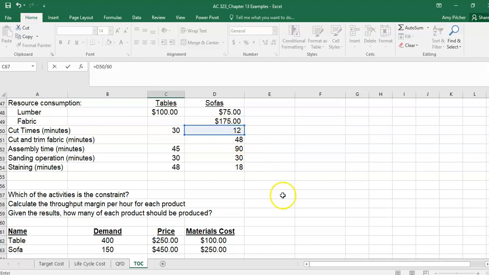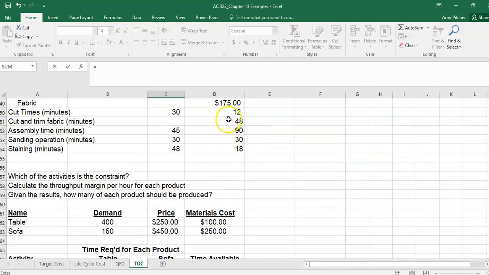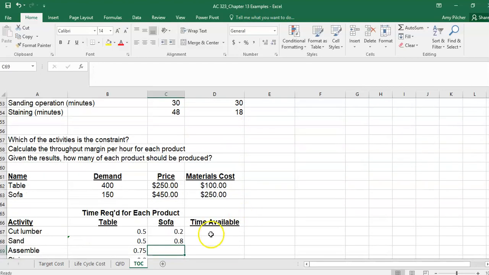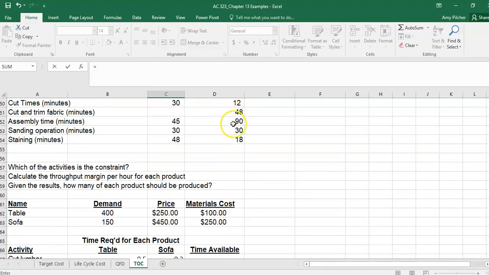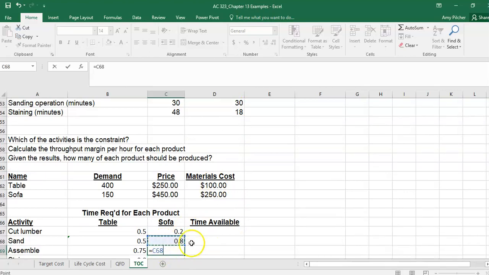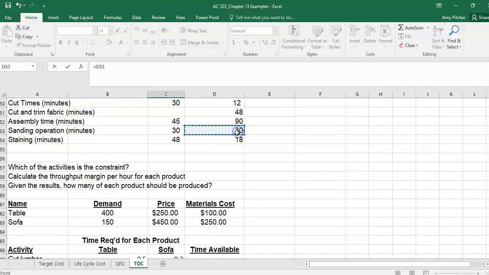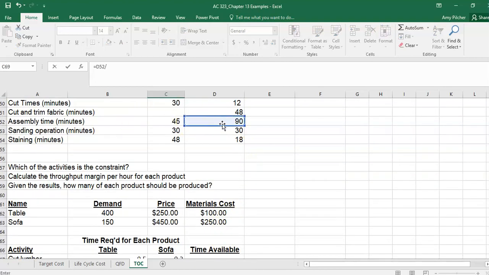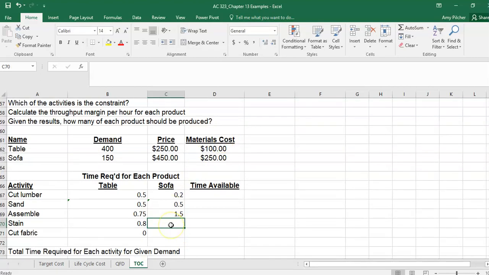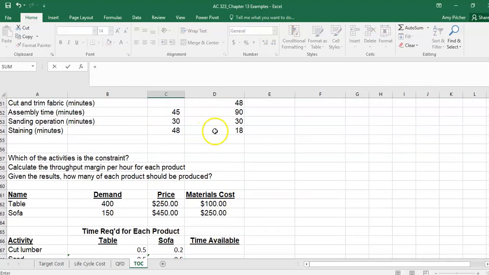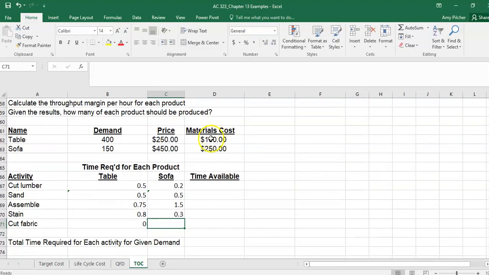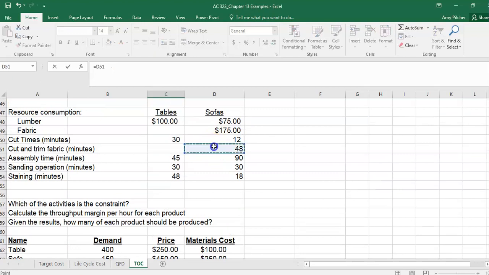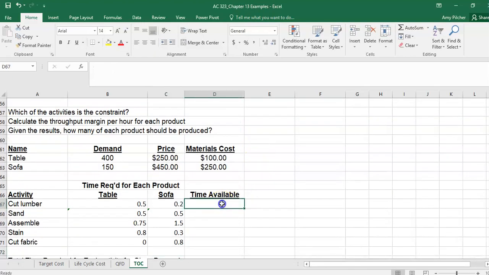Divided by 60 minutes in an hour. Then we want to know how much time is available to us.